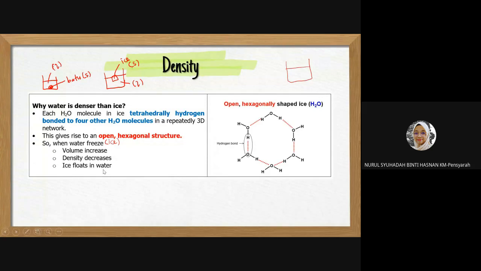Sebab kalau awak ingat balik equation untuk density, okay, density equals to mass over volume. Okay, jadi bila volume tinggi, density akan berkurang. D dekat sini, okay, density. Okay, so sebab tu untuk ice, sebabkan volume open hexagonal structure ni besar, density of ice akan berkurang dan ice akan terapung, floats in water.